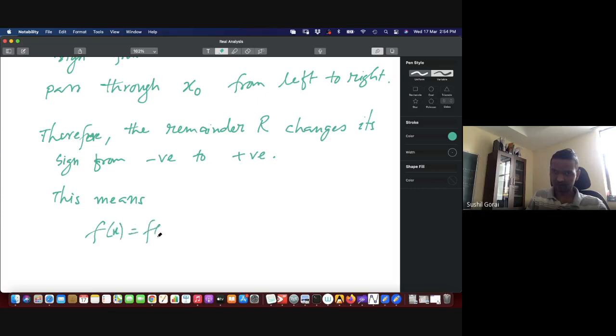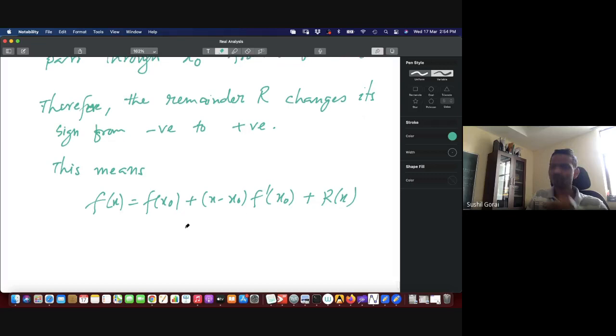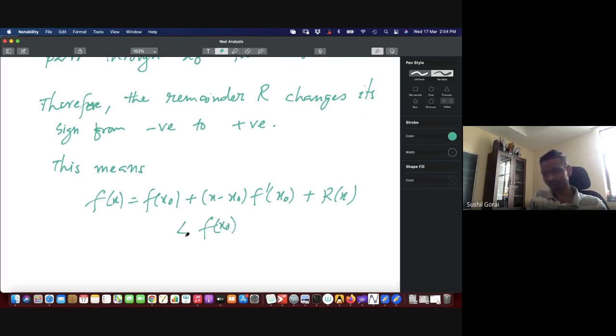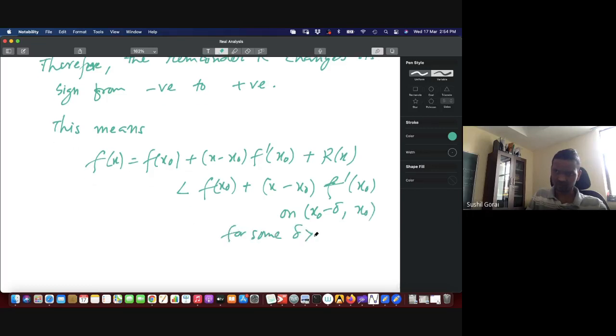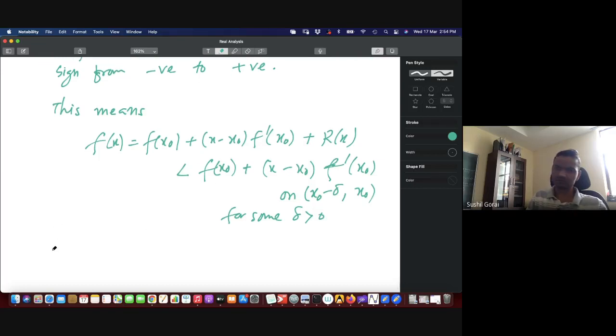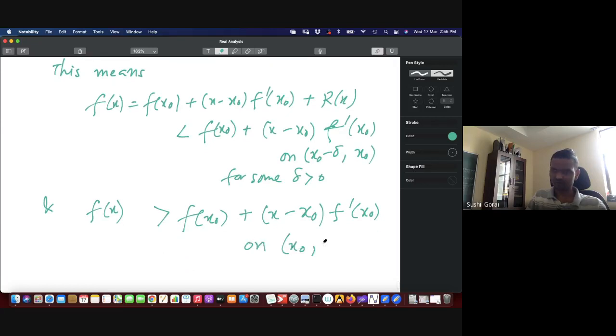This means f(x), which is f(x naught) plus (x minus x naught) times f prime x naught plus R(x), will be less than f(x naught) plus (x minus x naught) f prime x naught on x naught minus delta to x naught, for some delta greater than 0. And it will be greater than f(x naught) plus (x minus x naught) f prime x naught on x naught to x naught plus delta.